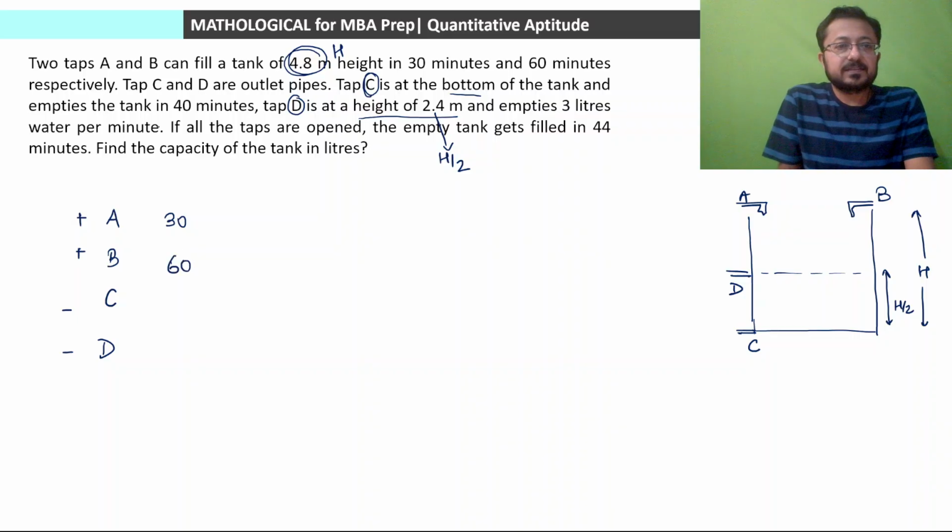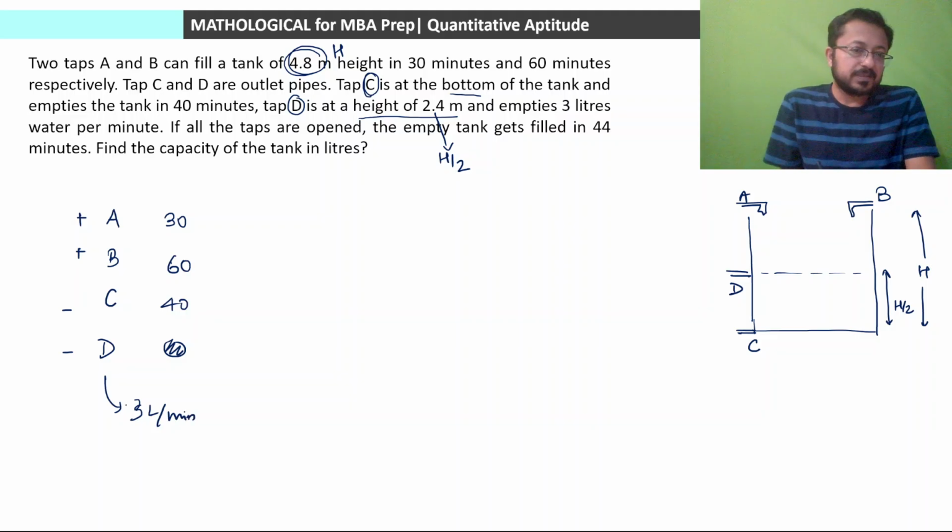Tap C is at the bottom of the tank and empties the tank in 40 minutes, while tap D is at height 2.4 meters and empties 3 liters water per minute. अब यहाँ पे हमें टाइम नहीं गिवन है, हमें गिवन है वैल्यू कि tap D is emptying at 3 liters water per minute. So let us assume that it is taking x amount of time, but the point is it is taking some time and it is emptying at 3 liters per minute. Okay, basically minus 3 liters per minute because emptying काम कर रहा है.